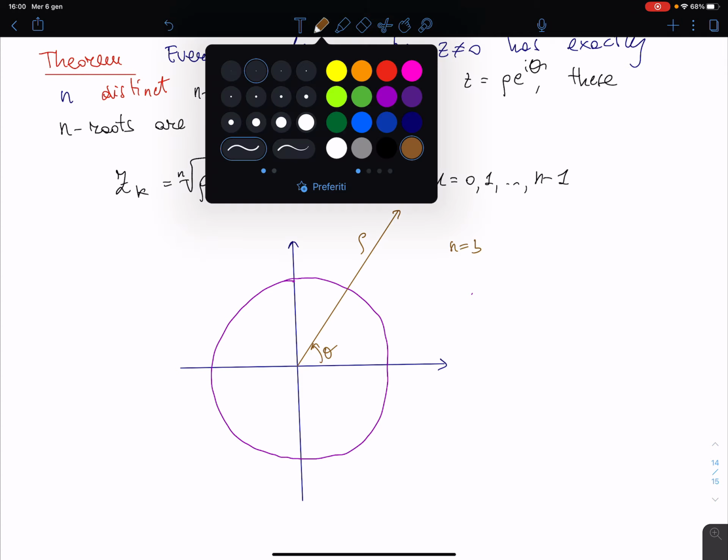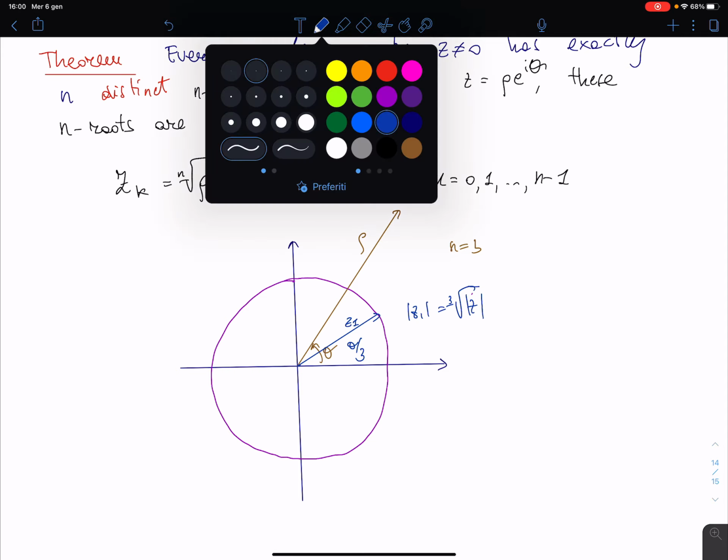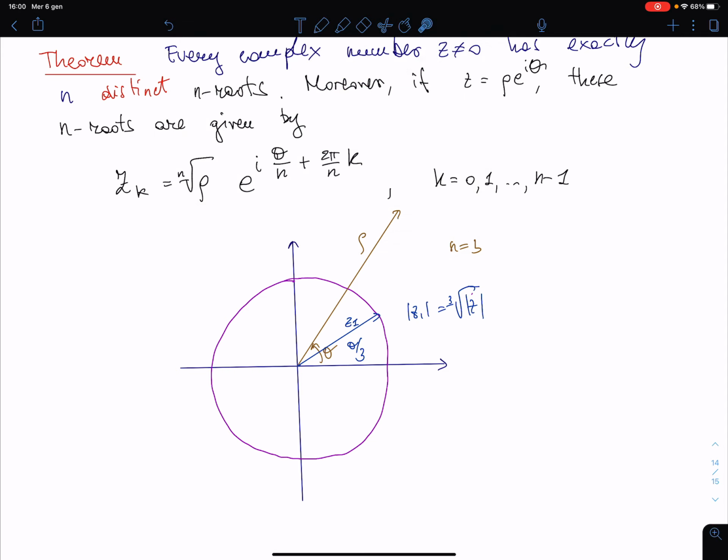Then first you divide theta by 3, and this is z1, and this is theta by 3, and the modulus of z1 is the cubic root of the modulus of z, and then you add, notice here, 2 pi over 3, and so this is, sorry, z0, not z1.